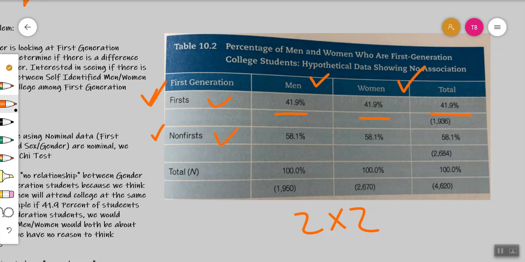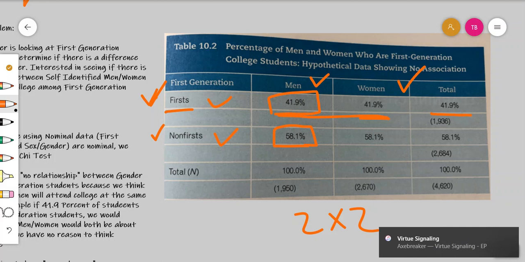And so 41.9% of students are first generation, and 58.1% of students are non-first generation. So what this chart is showing is us assuming that, because we know that 41.9% of students are first generation, and we know that 58.1% of students are non-first generation, we're going to assume that it's going to be the same for men and women.